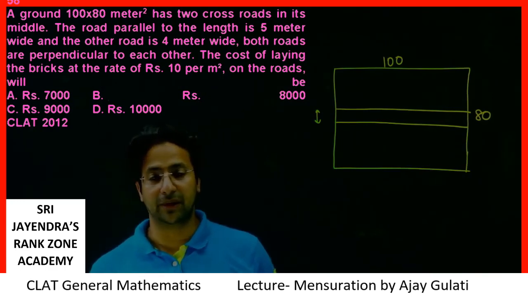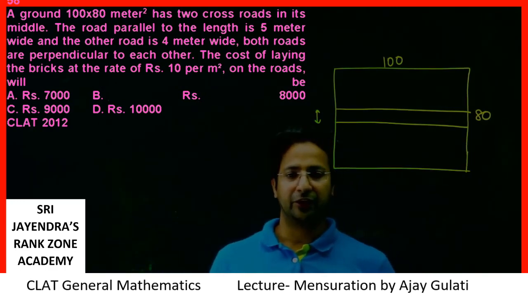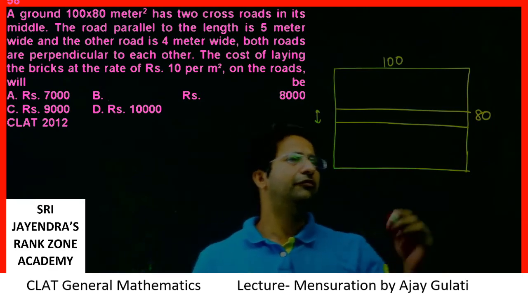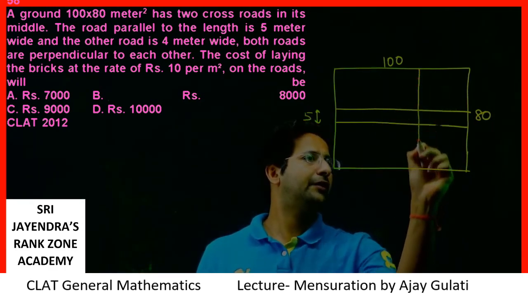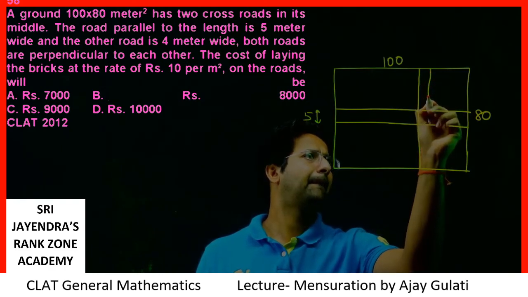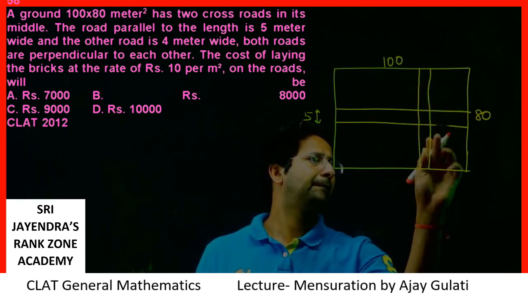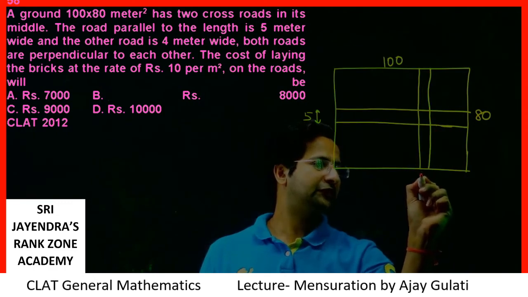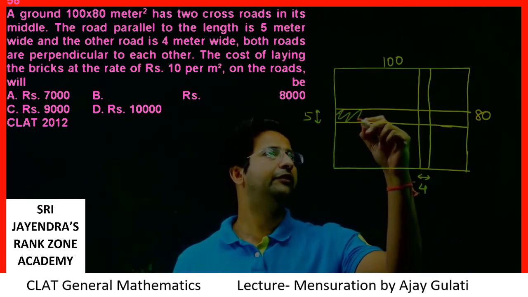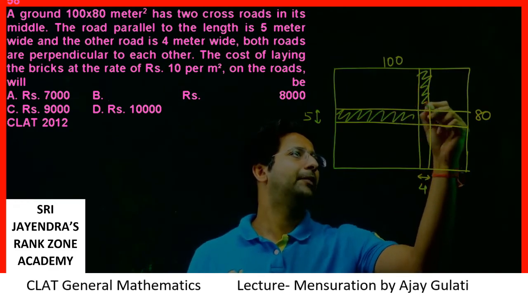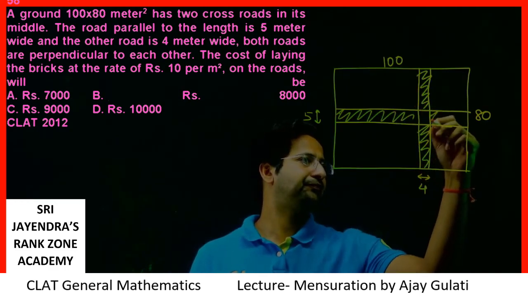The cost of laying the bricks at the rate of rupees 10 per meter square is. We have one more road. See, this is, let's say, 5. There is one more road over here. The thickness of this is 4. We need, what do we need? We need to lay the bricks on these roads, okay?